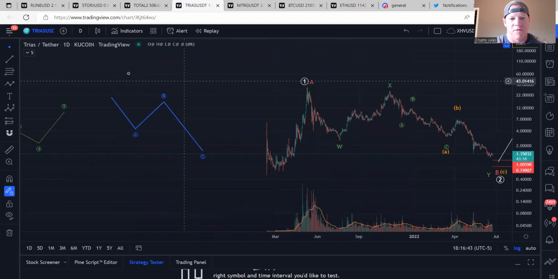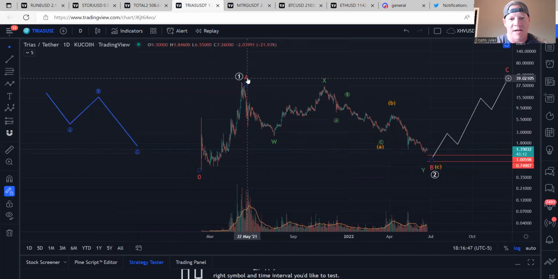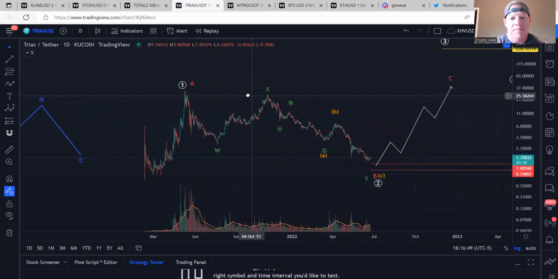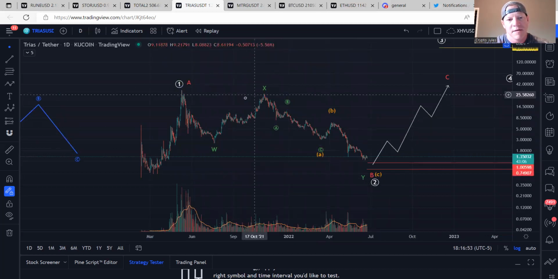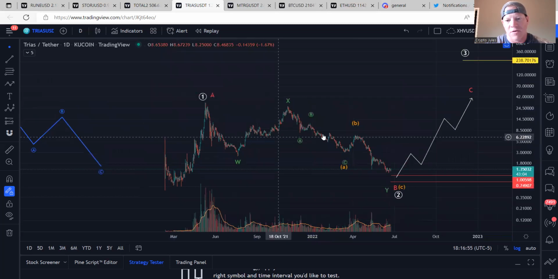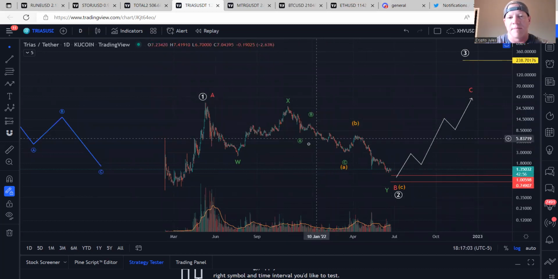It's just some sort of large corrective structure, because this 1 wave could actually be an A wave. This is a 3-wave. I have it as a WXY. So that could be your B wave. And then you would have a C up to finish a corrective structure. So this would just be an ABC.